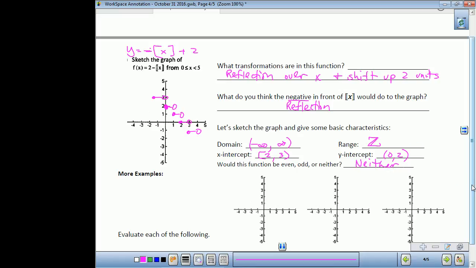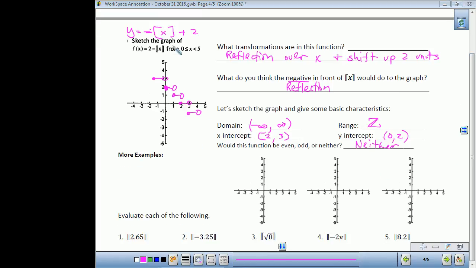Okay, so there are some interesting things about step functions that I do want to go over. We haven't done a horizontal shift, so let's do one of those real quick. Let's say we had the greatest integer of x plus 2, minus 1. When we do the transformations of this function, what we're shifting is that first little greatest integer step.